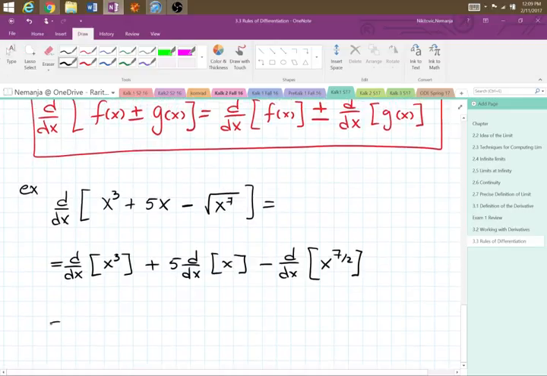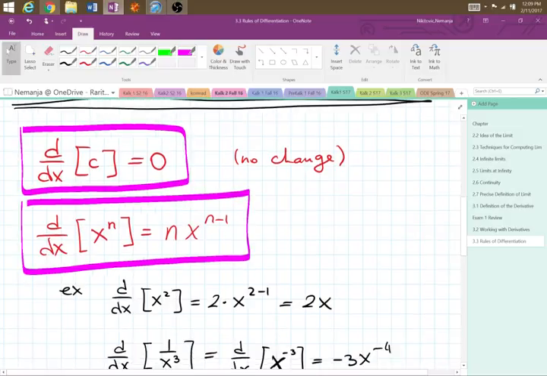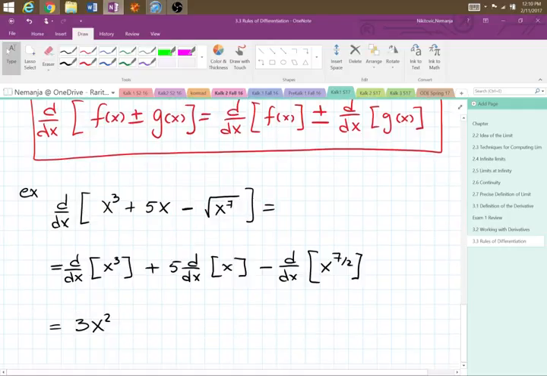The derivative of x cubed is 3x squared. We know that by the formula we covered earlier. You drop the power down and you subtract 1. That's all it is. So please don't make it difficult. Plus 5 times the derivative of x is 1. Very good. So I'll write times 1 minus, drop the exponent, x, and then subtract 1.